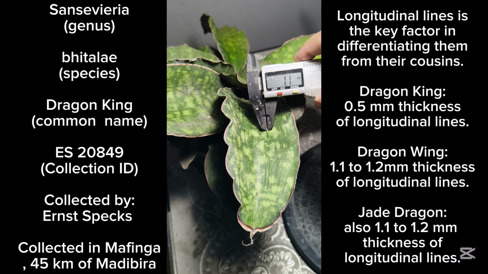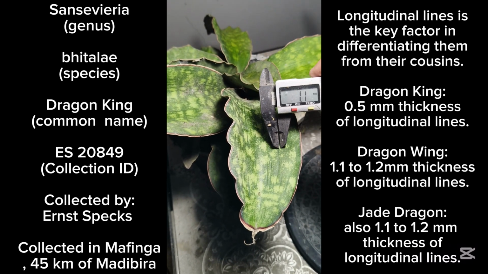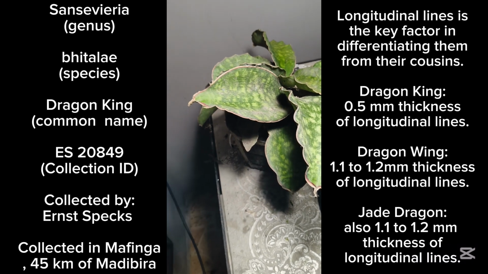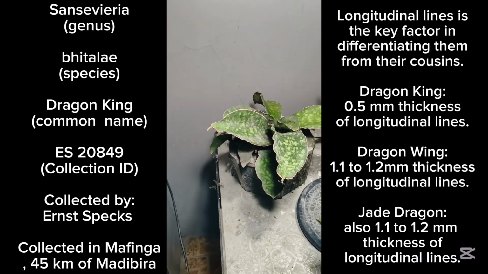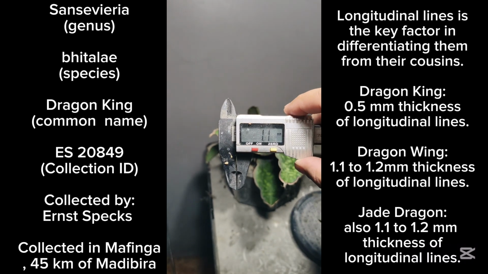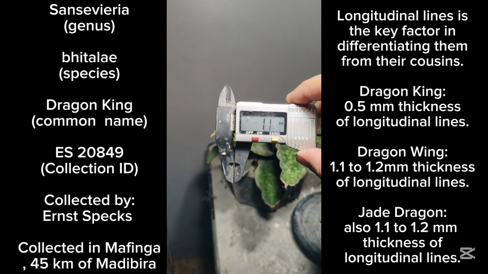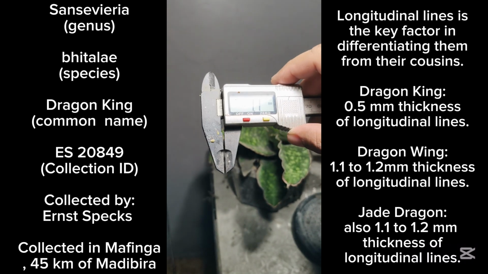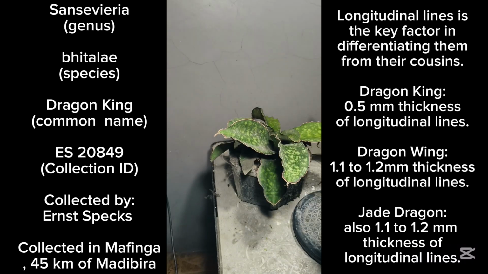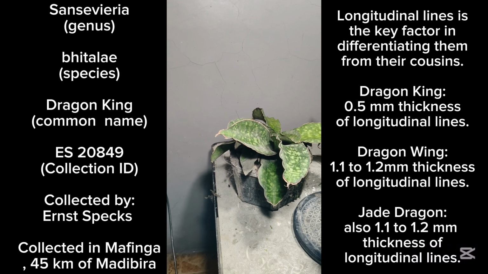Those are the longitudinal lines on Dragon Wing. They are thicker compared to the fine lines of Dragon King, almost double. From 0.5 millimeters on Dragon King, Dragon Wing has longitudinal lines of 1.1 millimeters.